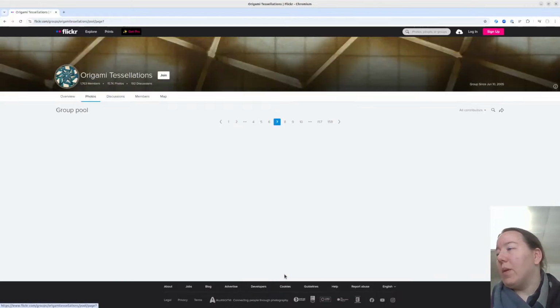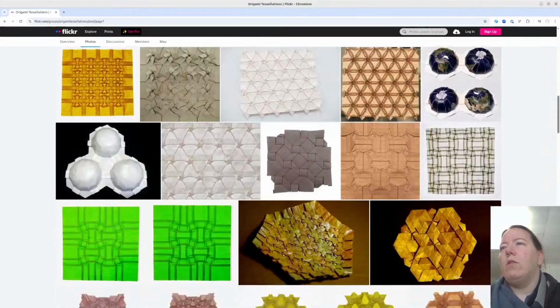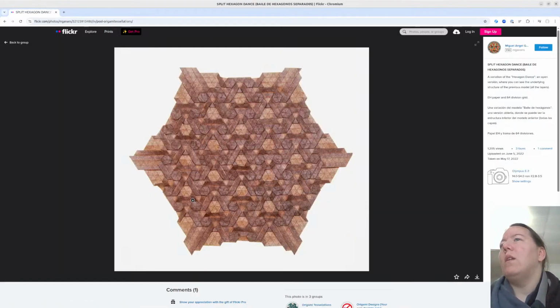And I'm just gonna pick a random page, scroll down, and pick one. This is one of Miguel Gagnon's tessellations, and it's named Split Hexagon Dance.